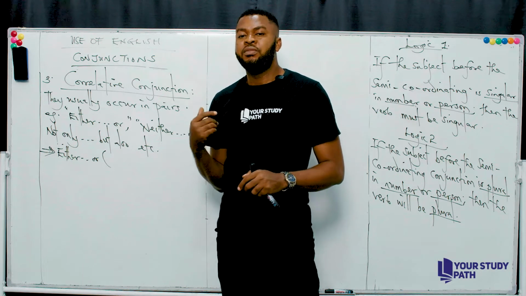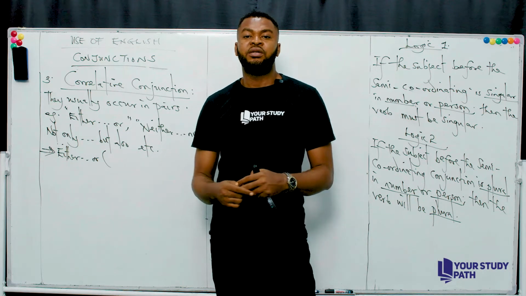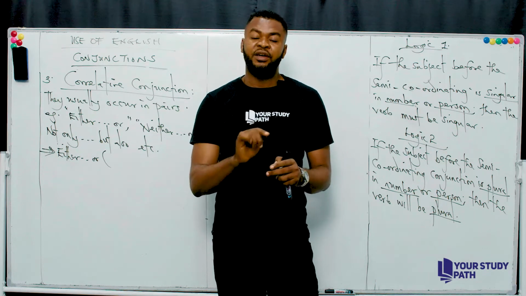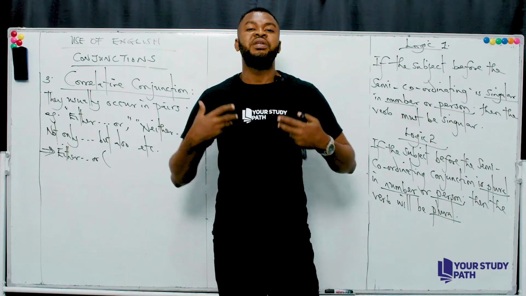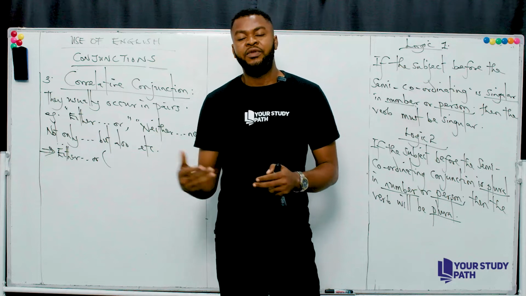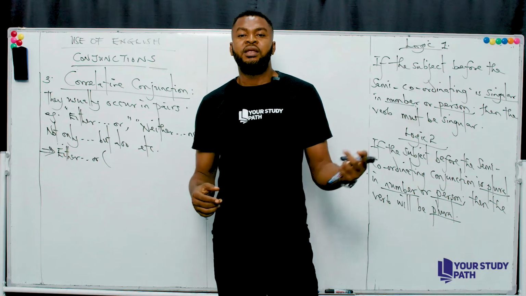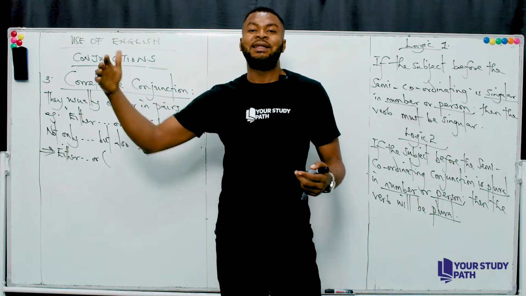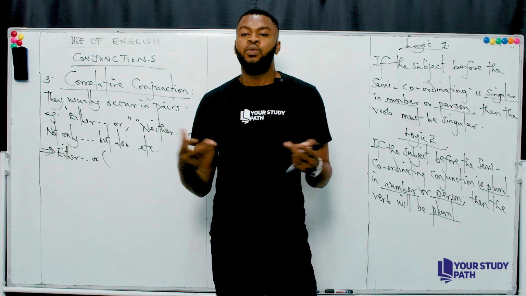Now, either or is mostly used at the beginning, especially either. You always use it to begin a sentence. Take, for instance, either Chioma or Bumi will attend the party. What do you mean?